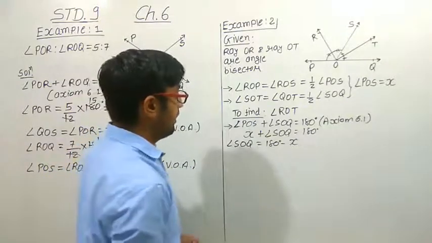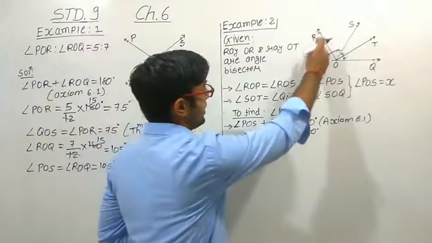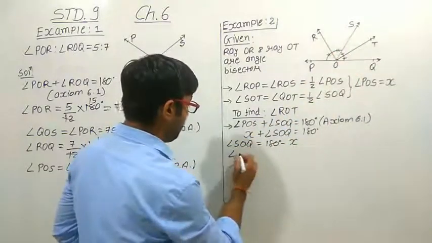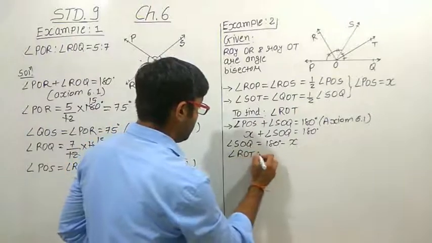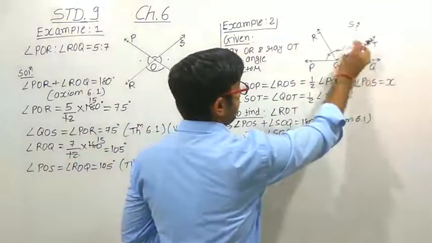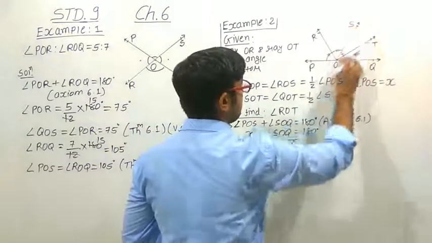Okay, now we have to find angle ROT. So we can write angle ROT equals ROS plus SOT, the addition of these two angles.